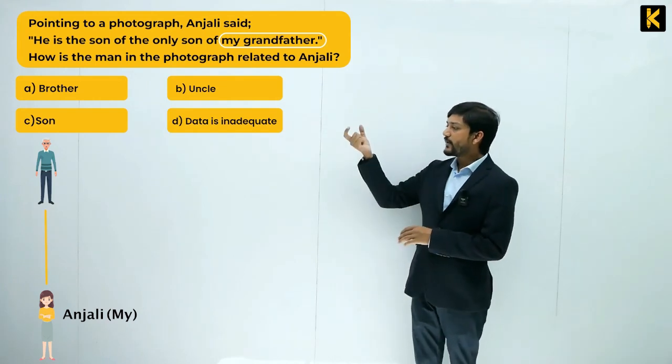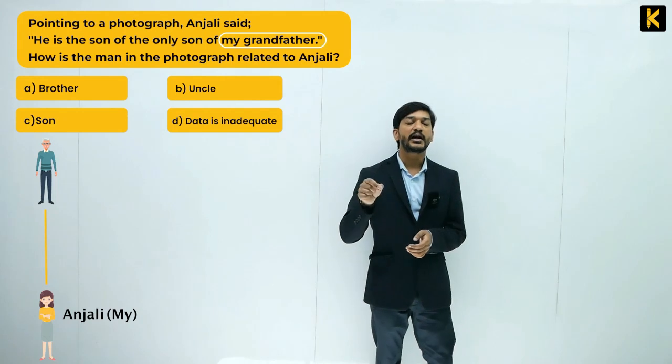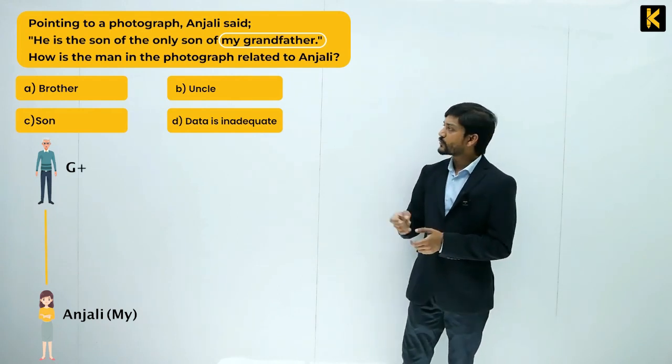For that I have shown a character, and I will represent this character not by a name, because names will take time to write, so we will take a letter. Because grandfather starts with G, I am taking the letter G to represent the grandfather. Grandfather is a male, so I have written G plus.